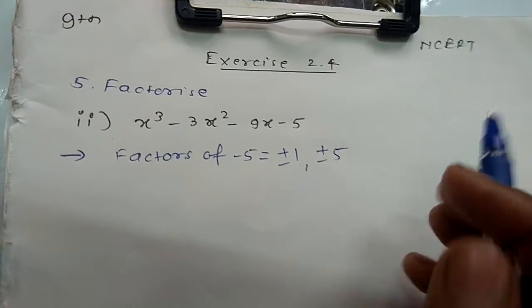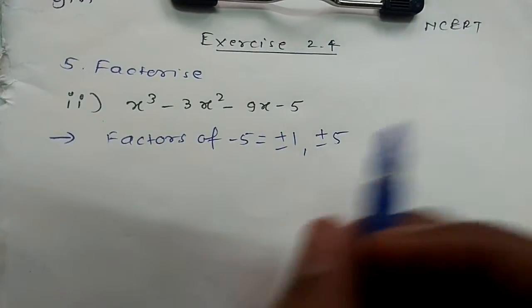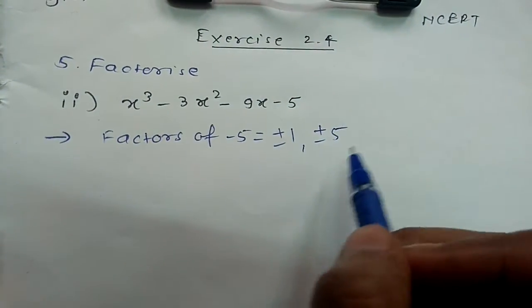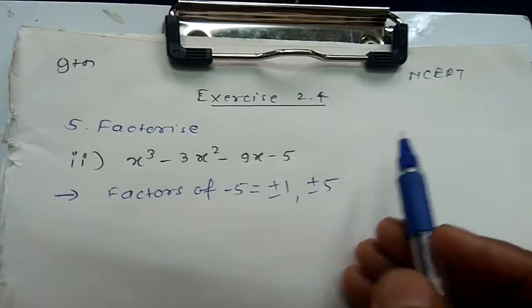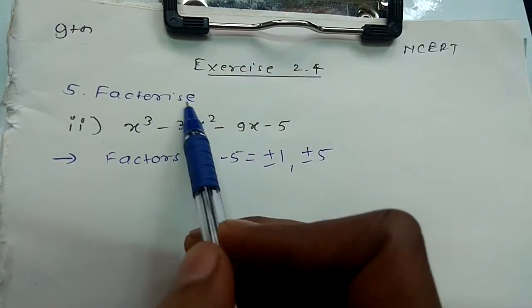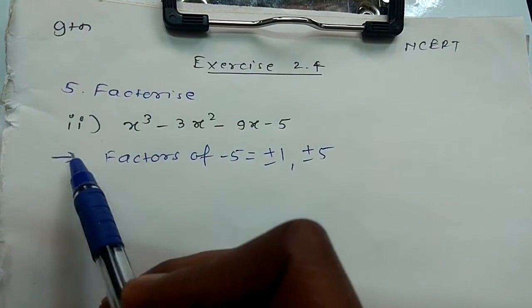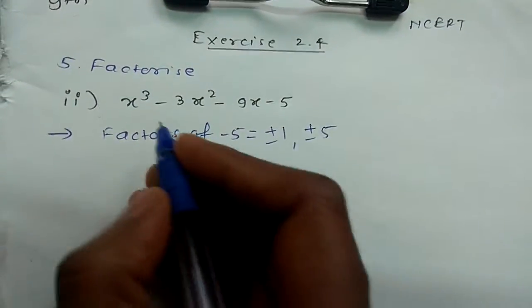To avoid the confusion, just find only one factor by factor theorem and then use the division method. If you don't know the division method, then see my previous video. There I explained exercise 2.4 factorize, the same question, in that first question. In detail I explained the division method. So let us start.